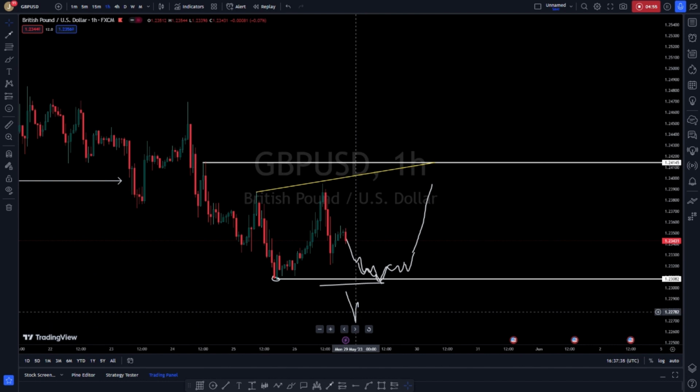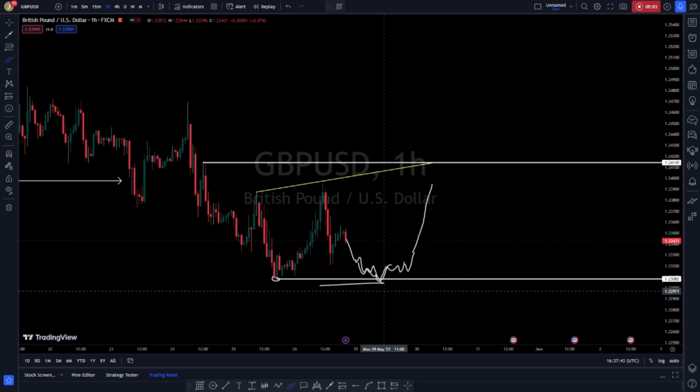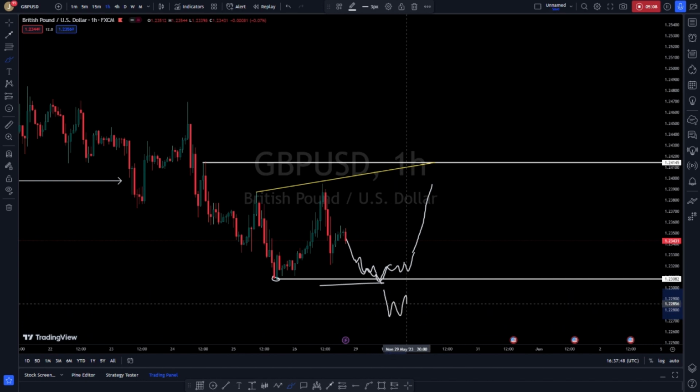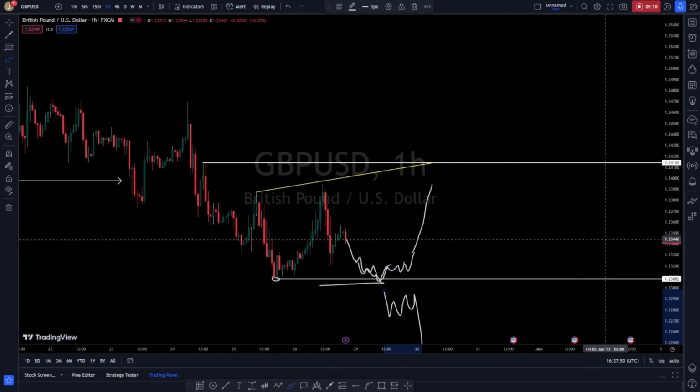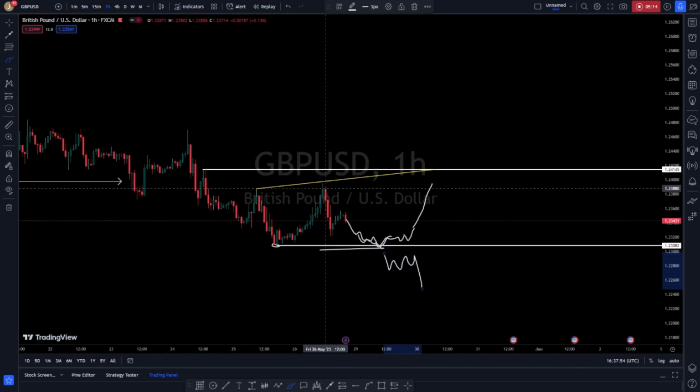I'm showing these scenarios here. Maybe it might break this low and give something like a correction and continue heading to the downside. So let's wait for something like that.